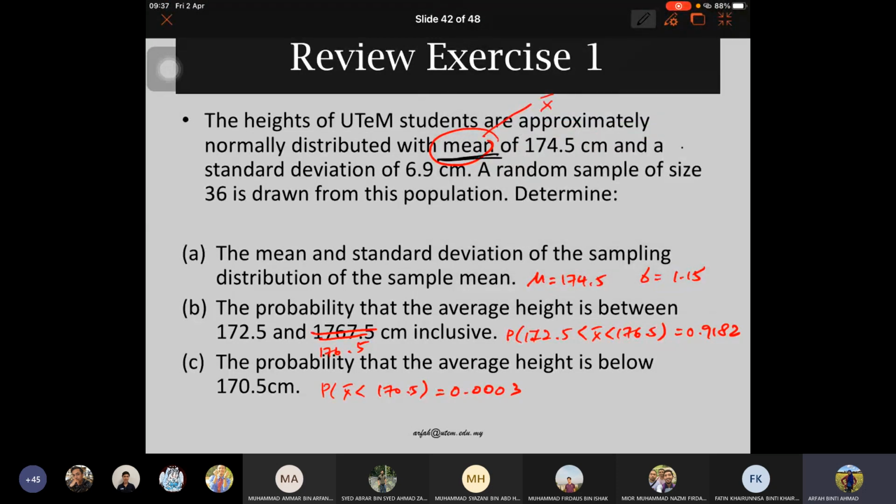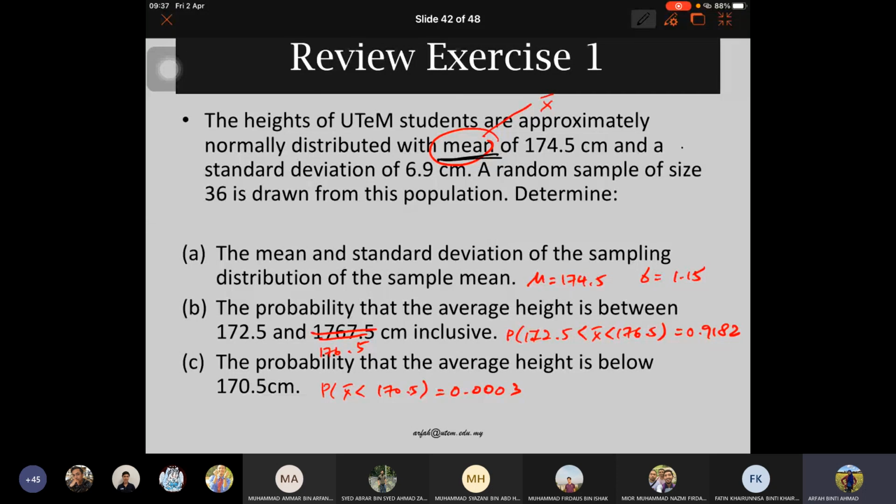So for this one, mean X bar sama dengan 174.5 cm and standard deviation of 6.9. A random sample of size 36 from this population, determine the mean and standard deviation. Okay, the probability that the average height is between 172.5 and 176.5.